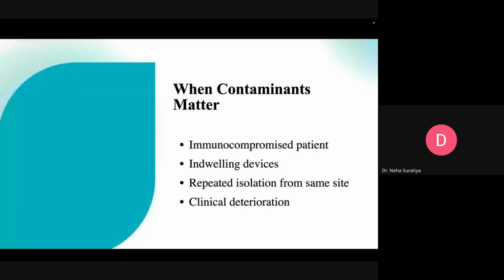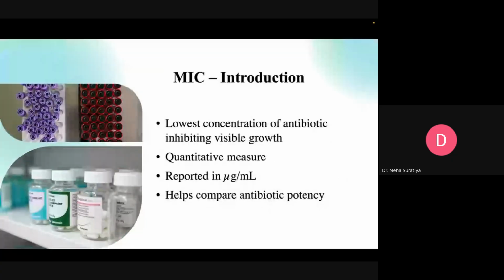Okay, so let's continue with another term which is very important in antimicrobial susceptibility testing, which is MIC. I gave you the introduction of MIC in the introductory slide itself, which is minimum inhibitory concentration. The lowest concentration of an antibiotic that prevents visible growth of the bacteria in the lab.